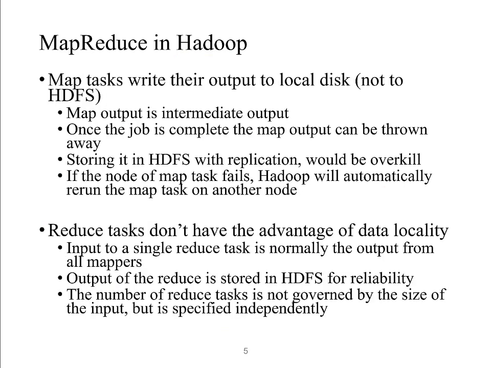So the map tasks will write their outputs to local disk, not to HDFS. This local disk is the disk on the work nodes, or hopefully the data nodes that contain the block.